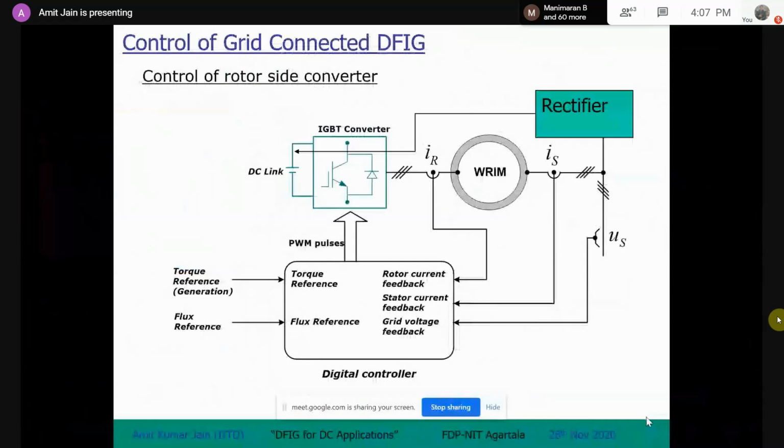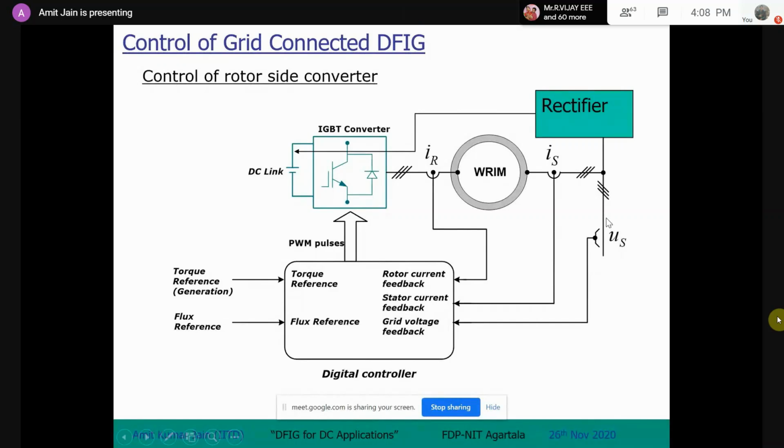So this is our new system, right? On the stator side, the power is always going to the DC link. On the rotor, it is bidirectional. So how to work with this system?